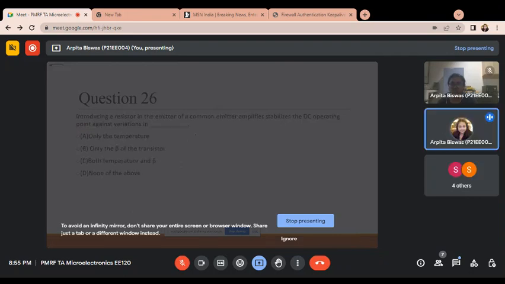And next question is 26. Introducing a resistor in the emitter of a common emitter amplifier stabilizes the DC operating point against the variation in: option A only the temperature, option B only the beta, option C both temperature and beta, and option D none of the above. For both temperature and beta, all the values.